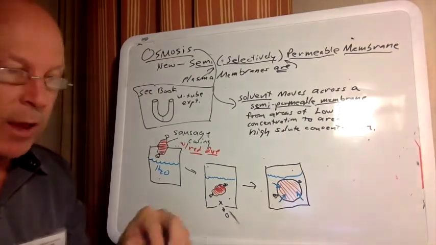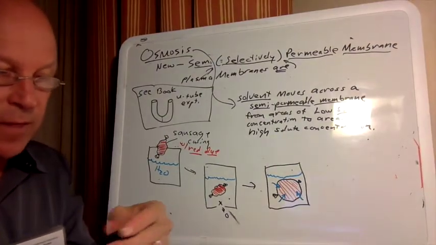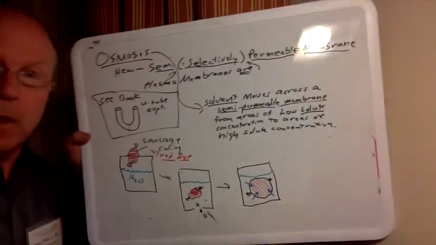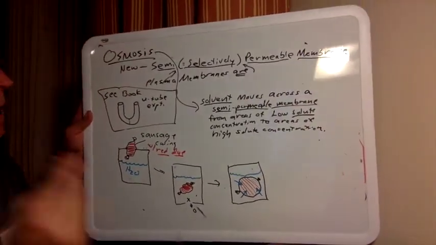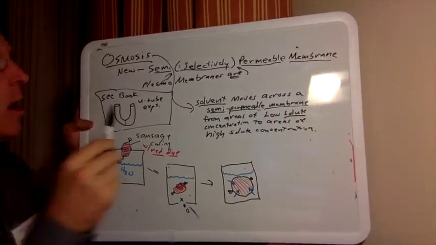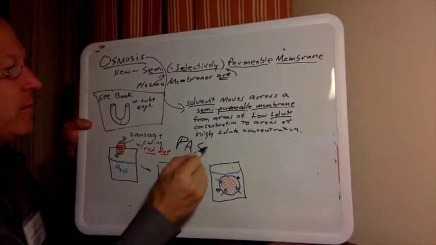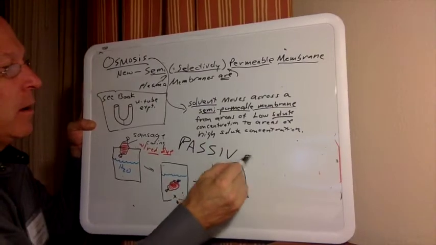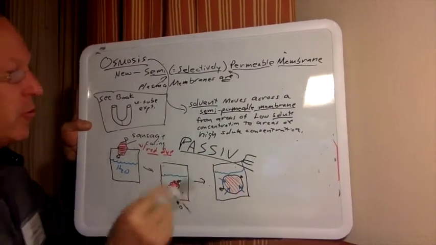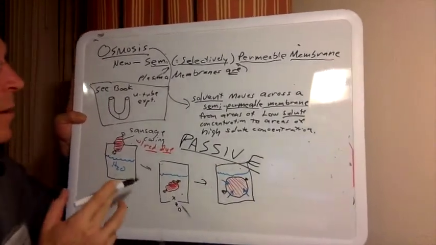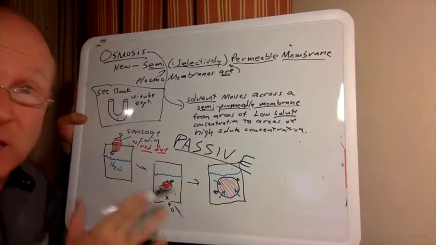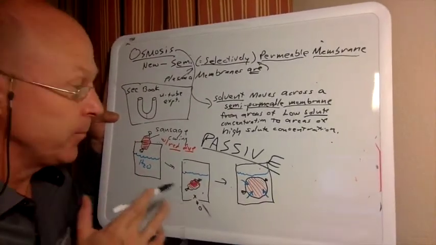So now we have these ways that things can get in. Oh, oops. Okay. The other thing to say, osmosis is also passive. There's no energy that has been spent here. No ATP whatsoever. This thing is passive.